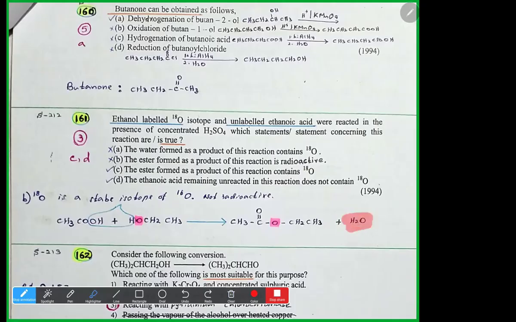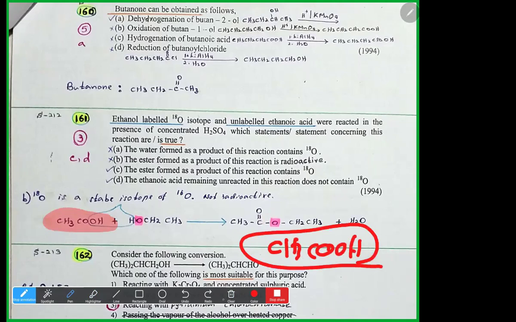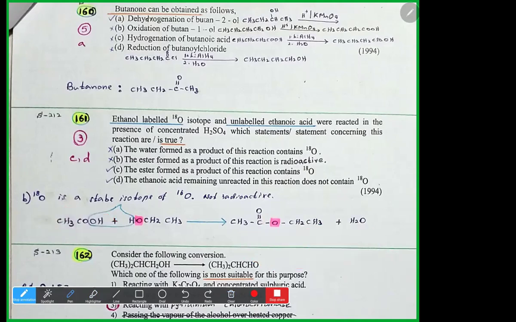And also remember O18 is not radioactive, 16, 17, 18 not radioactive. The ester has O18, and the remaining ethanoic acid in the medium, CH3COOH, doesn't have labeled oxygen. So C and D correct, 161, answer 3. O18 is not radioactive.